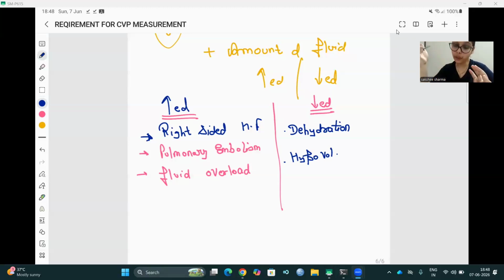So if the amount of fluid is less, the pressure exerted by that fluid is also going to be less, right? So if the patient is having loose motions, diarrhea, etc., it decreases. And again, if the patient is hypovolemic, for example, if the patient has anemia, in that case also the amount of blood is going to be very less. So the pressure exerted by that amount of blood on the wall of the right atrium is also going to be less.